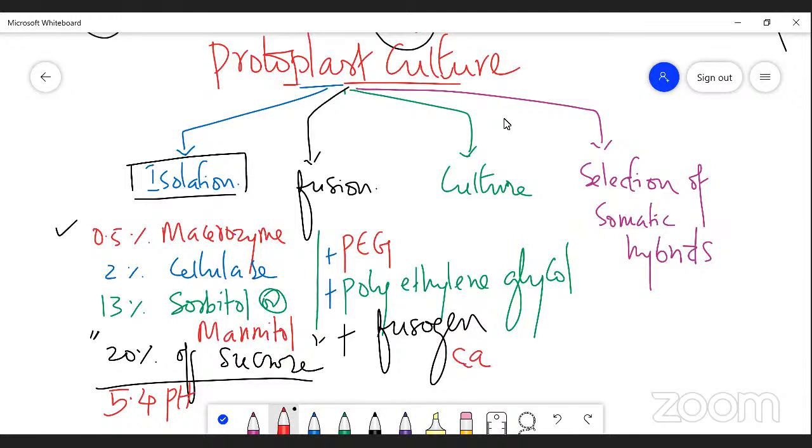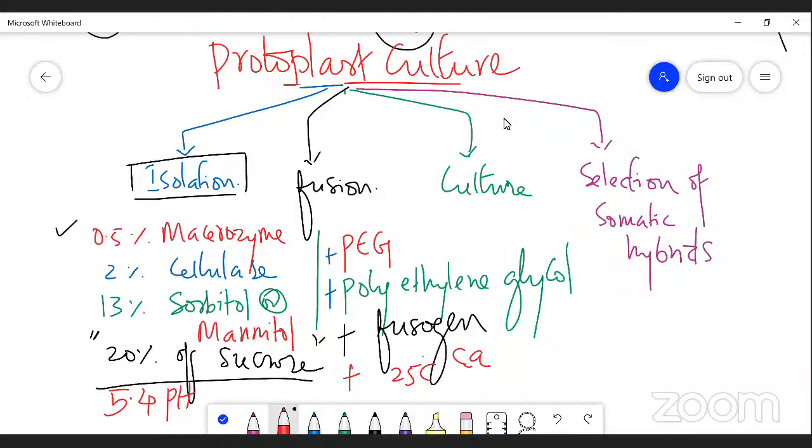So these are the things involved in fusion. It is also incubated at a temperature of 25 degrees Celsius. So the optimum temperature of protoplast fusion is 25 degrees Celsius. So that is the nature of the fusion.